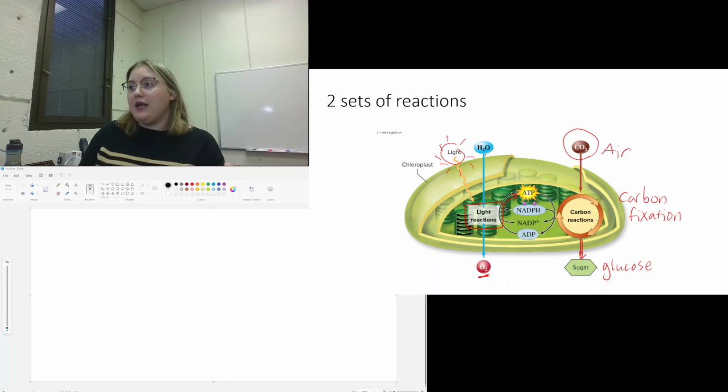Now, this side of the reaction uses ATP. So we can see our ATP molecule here goes into this reaction, and what comes out is ADP. This is our low energy version of the molecule. So the light reaction side is making our cellular energy from sunlight. The carbon reaction side is making glucose using cellular energy. Okay?